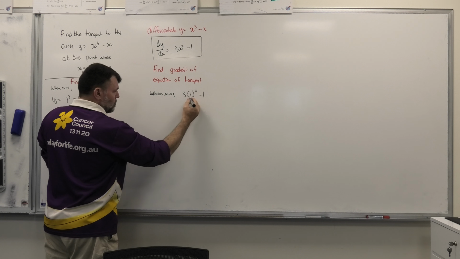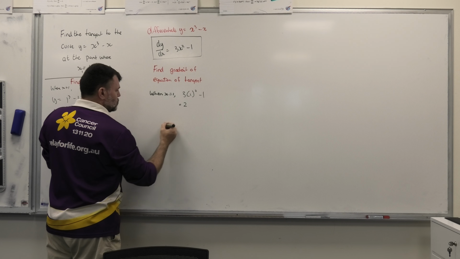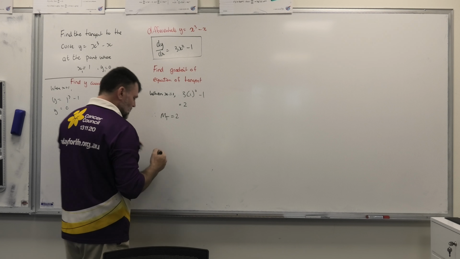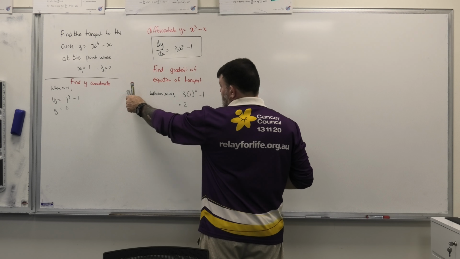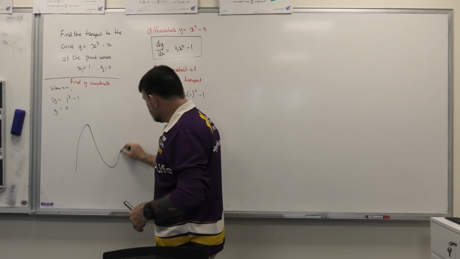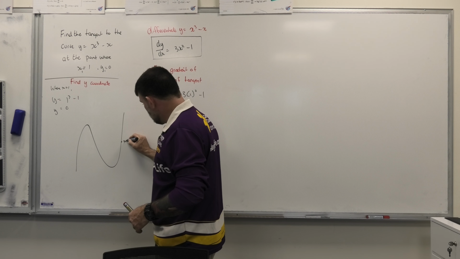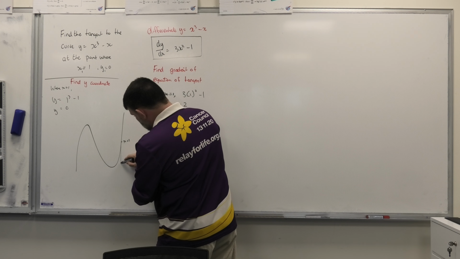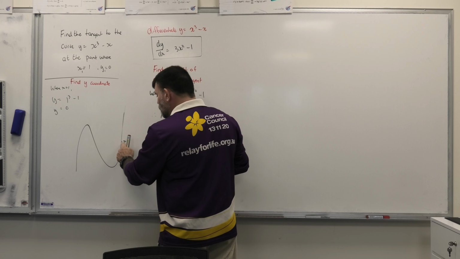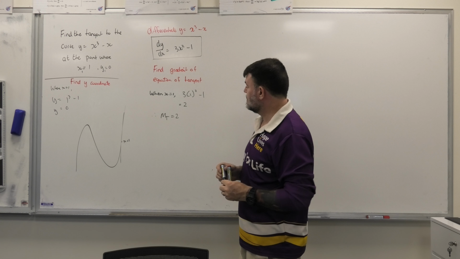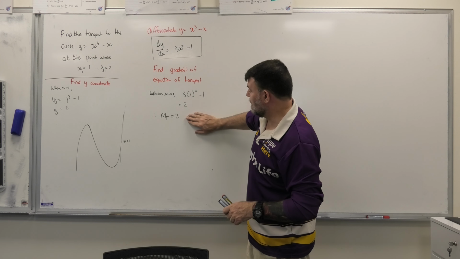Therefore 3 times 1 is 3, minus 1 is 2. So we say that the gradient of the tangent when x equals 1 is 2. So if we look at that graph again, at this exact point where I'm touching it with the tangent line, it has a gradient at x equals 1 of 2, at that instantaneous point. And that's what we've found in this part here.